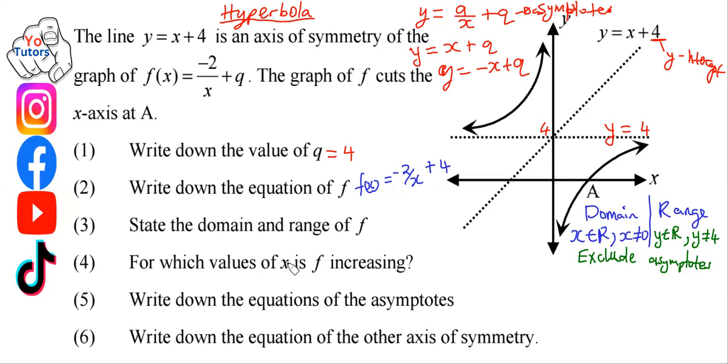So for which values of x is f increasing? I think you now know that when we're talking of increasing, we are talking of a positive gradient. What we see is that hyperbolic functions can only be either increasing or decreasing.